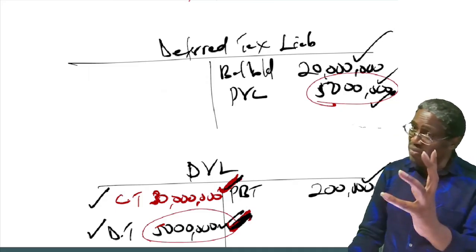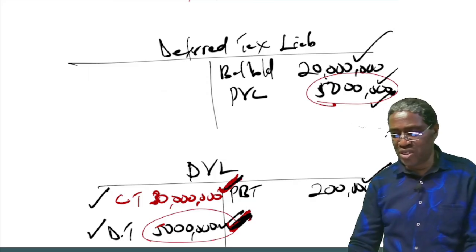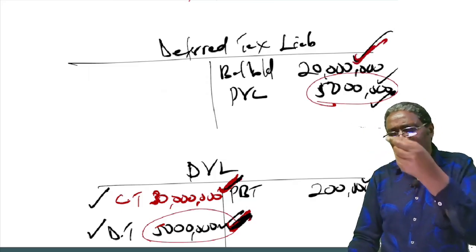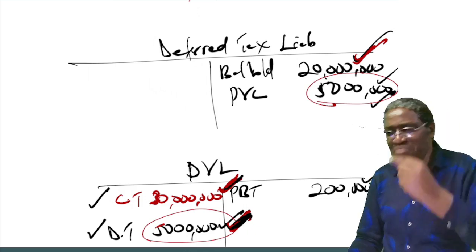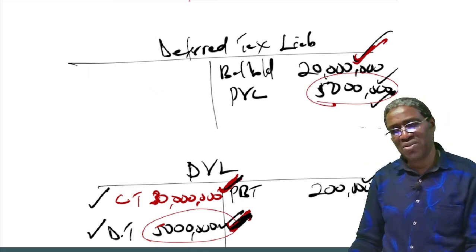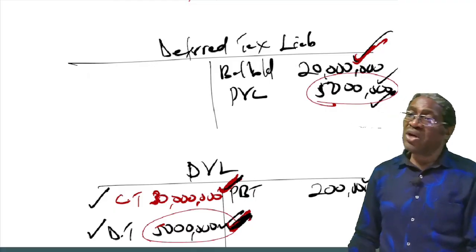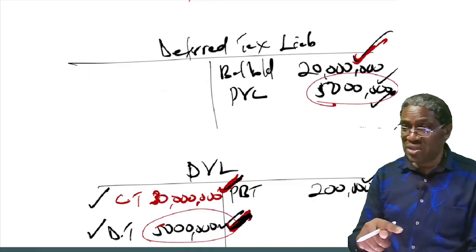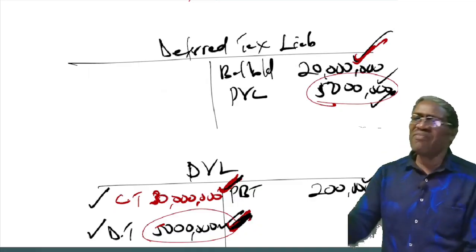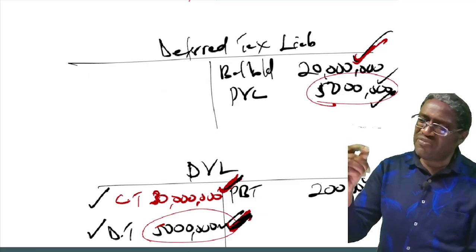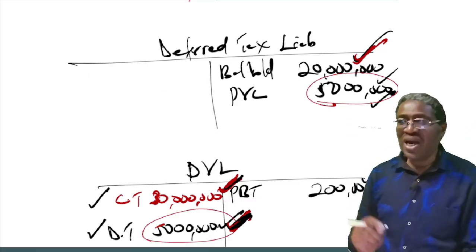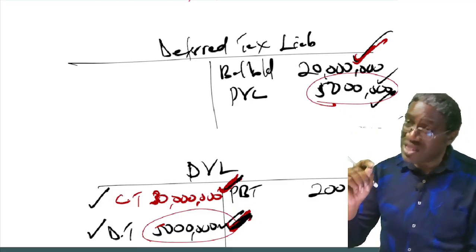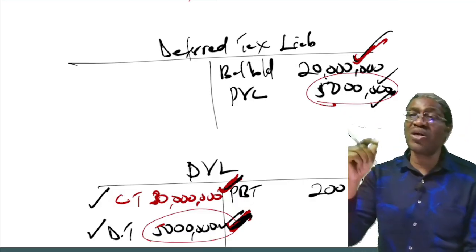So you went to the trial balance, you got a balance of 20. You brought it down. Now the examiner is saying deferred tax to be increased by 5 million. The question is, will you credit the 5 million in the deferred tax or will you debit? It is obvious. If the examiner says increase the deferred tax by, and I know deferred tax is always a credit, to increase it, then I must go and credit.